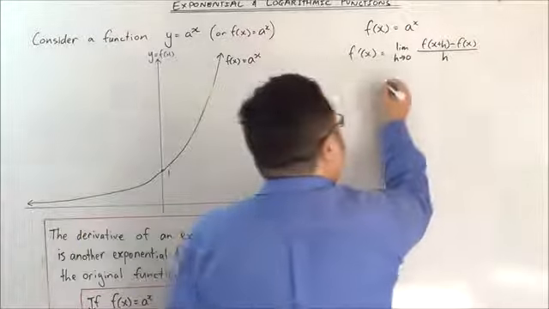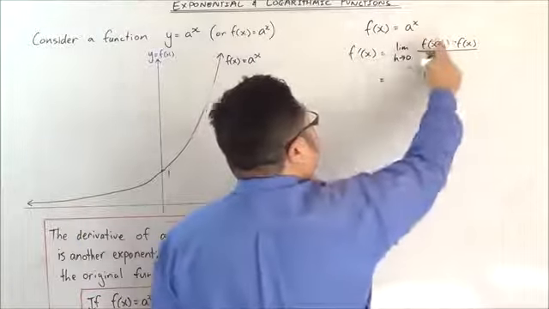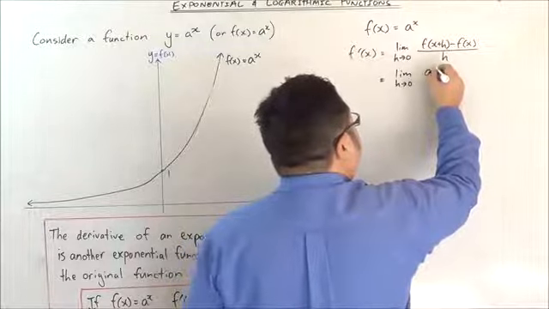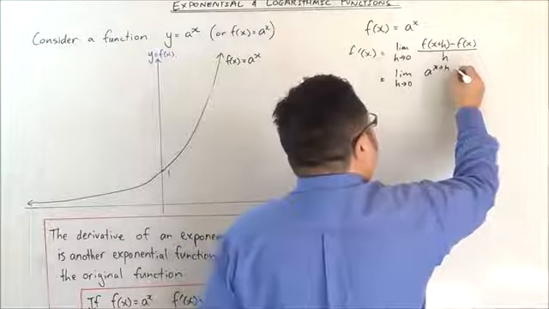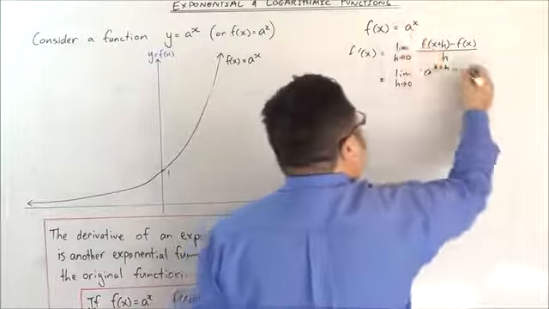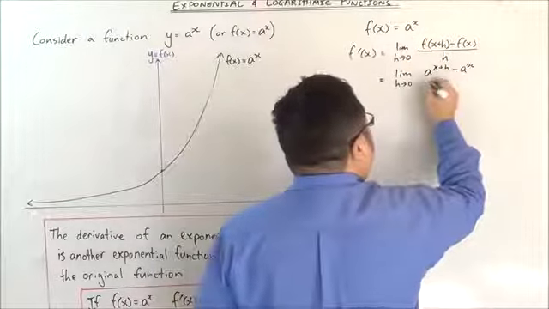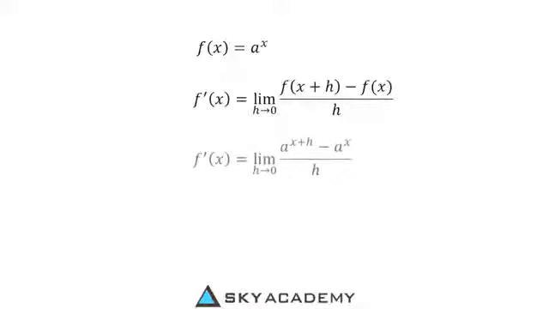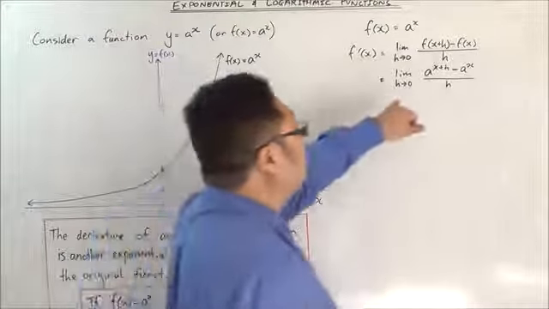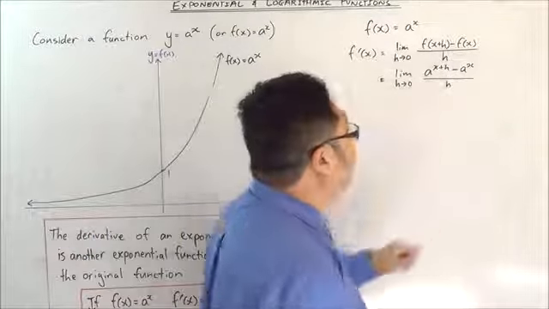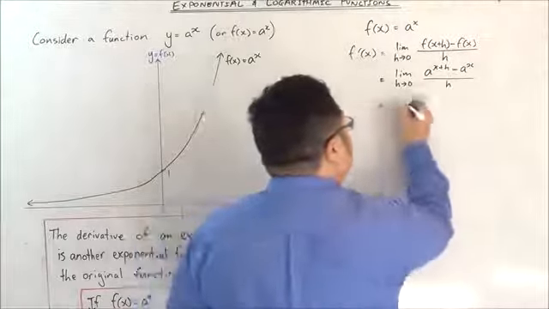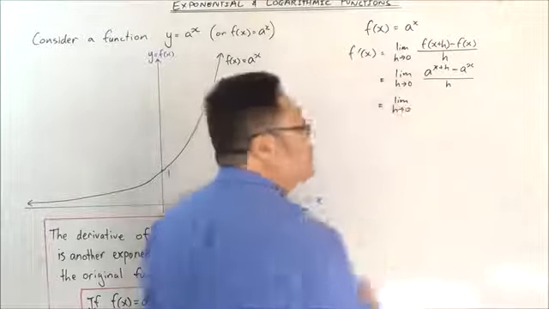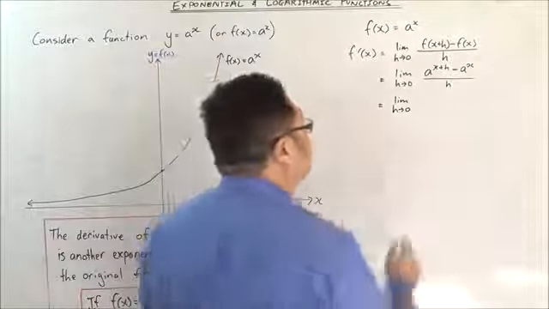So what we're going to be doing is substituting x plus h into that, which gives you a to the power of x plus h minus a to the power of x all over h. Do you see that? All right, so what I want to do now is use some algebraic manipulation to show you what's going on.